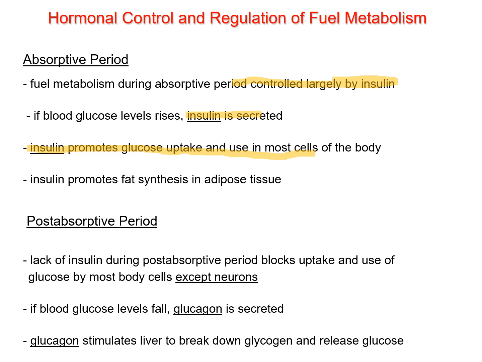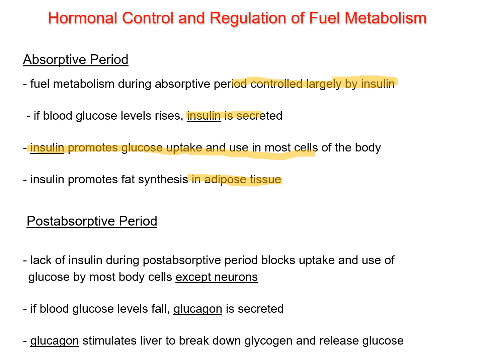Insulin will also, if there's excess glucose, more than the cells need to take up, convert the excess to fat, and insulin will promote fat synthesis and storage of fat in adipose, in other words, fat tissue throughout the body.